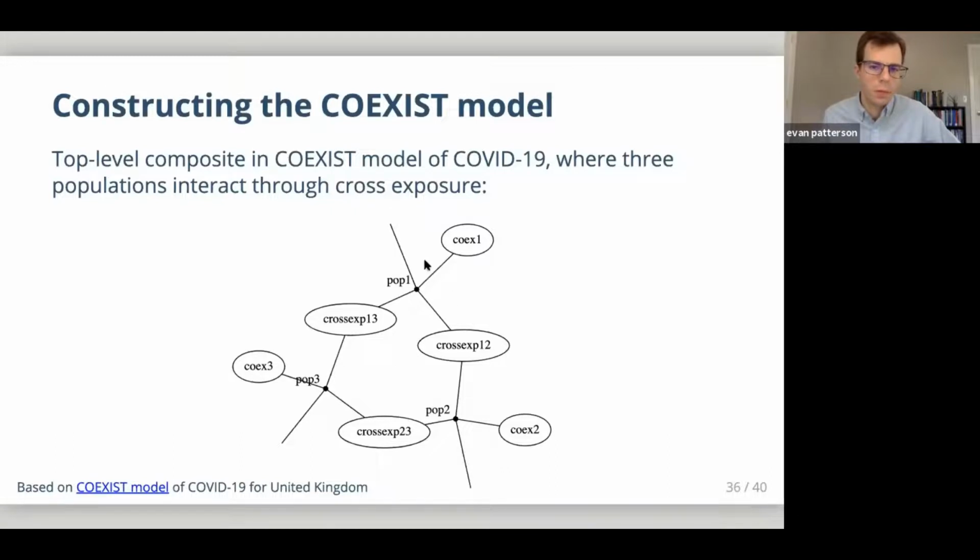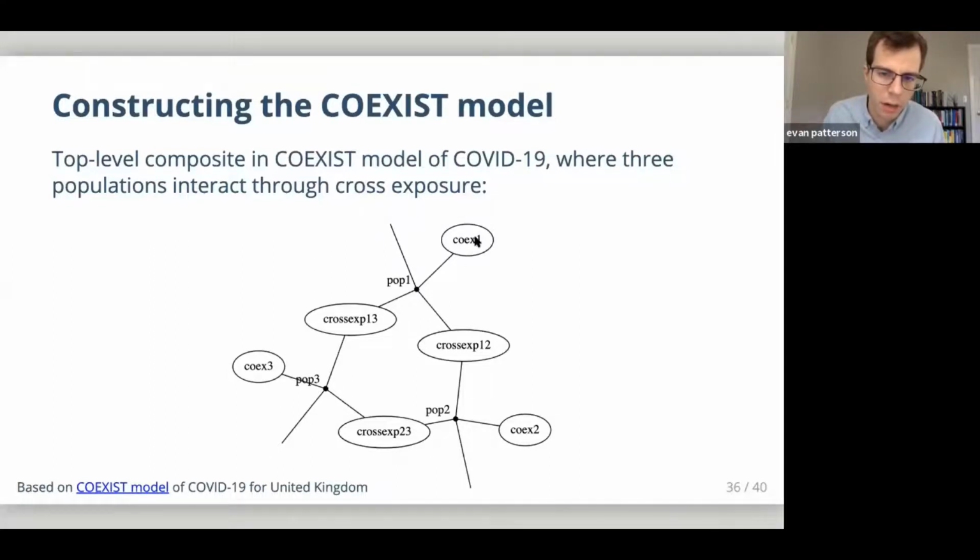As we'll see, this is a complex model. It's going to be built up hierarchically in steps. This is the highest level composite that exists in the construction of one version of this model.